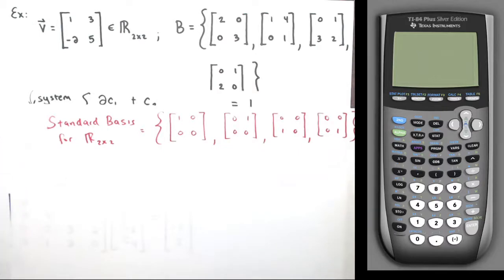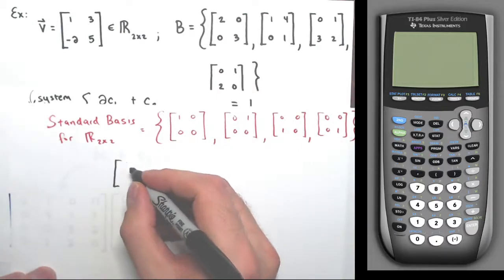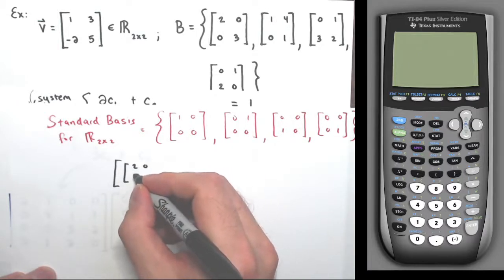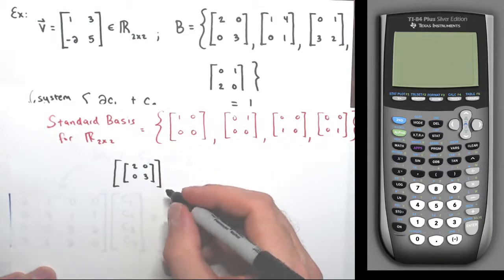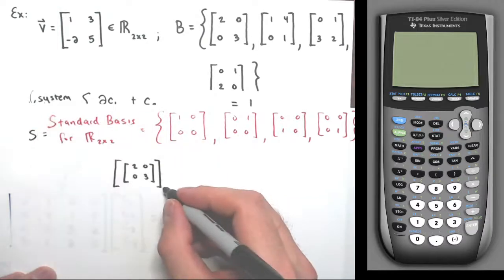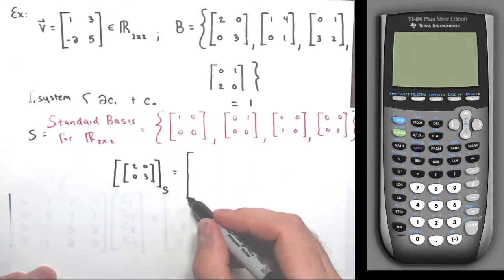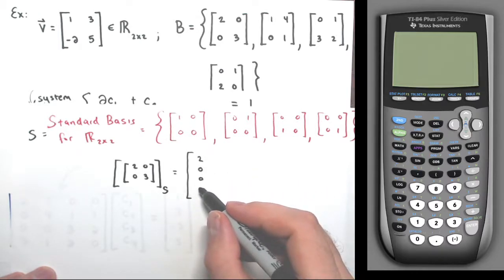So the coordinates of that 2, 0, 0, 3 with respect to the standard basis, and again I'll call this S for standard basis, would be 2 of the first, none of the second, none of the third, and 3 of the fourth.